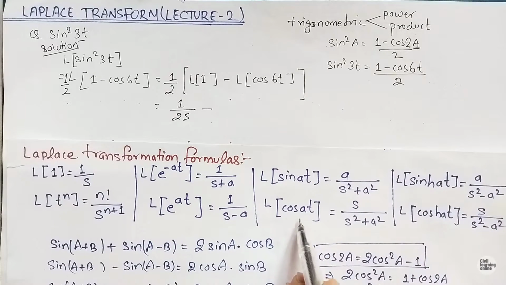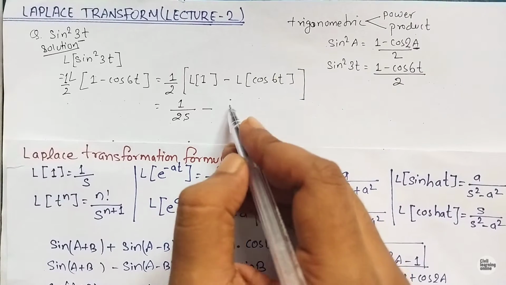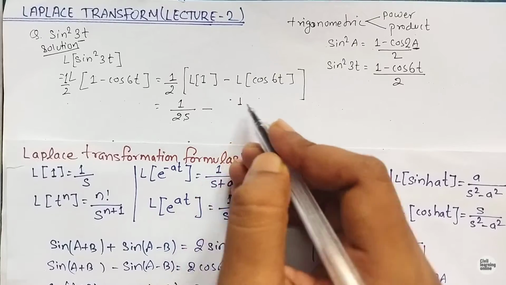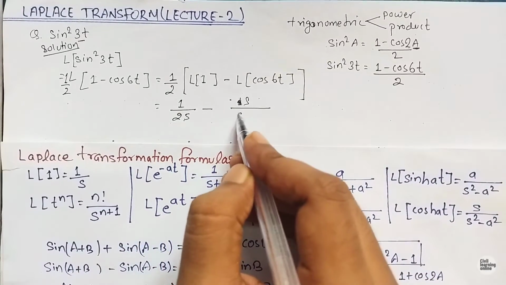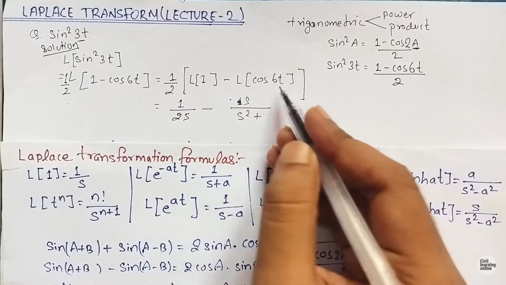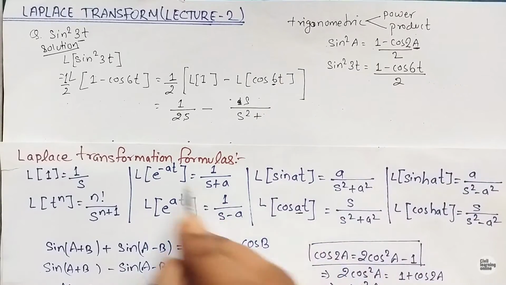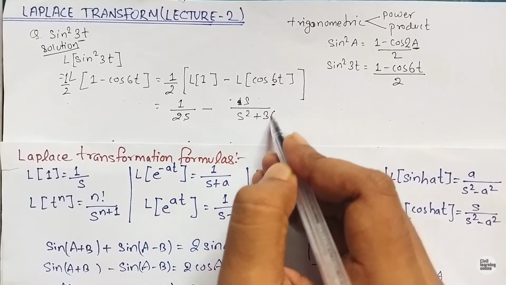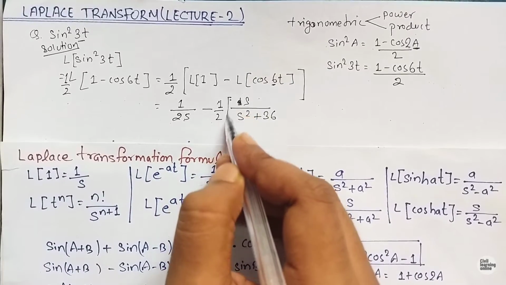The Laplace transformation of cos 6t is going to be s upon s square plus a square, so we will have here s upon s square plus a square, where in place of a we have 6 here, so 6 square is 36, and we need to multiply this by 1 by 2.